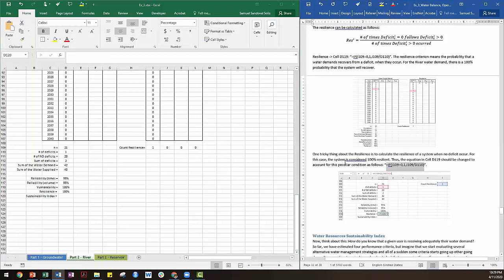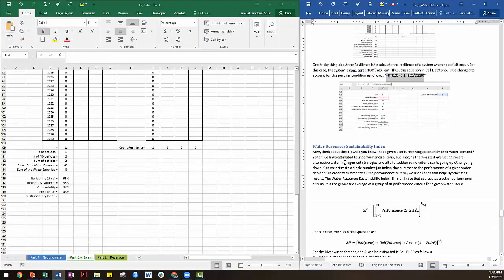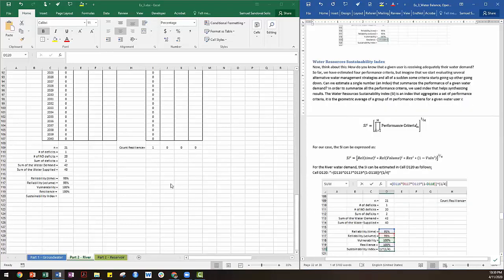Now, with all these numbers, you can see that we have 95, 95, the system is very vulnerable. So it will get into problems, but it's very resilient. So how do we know whether this performance is good or bad?